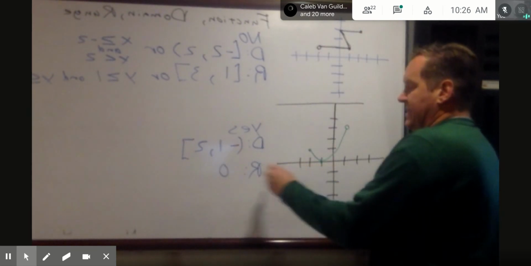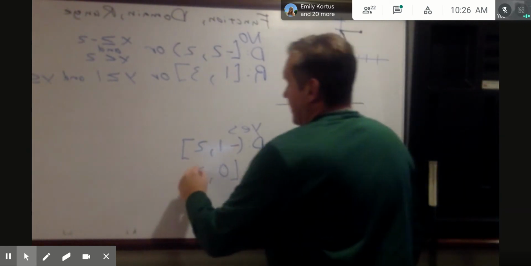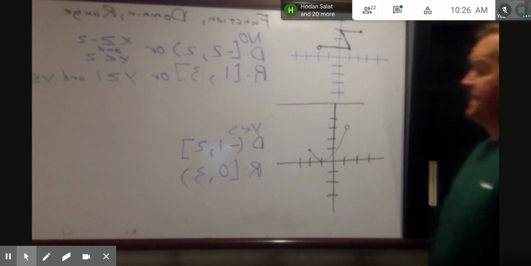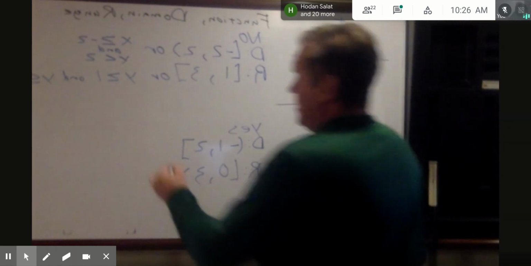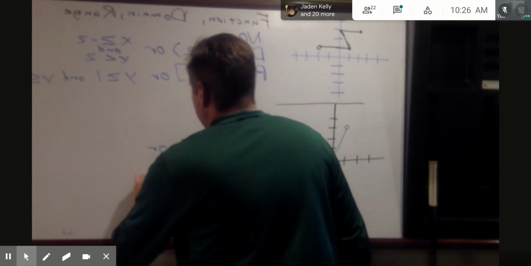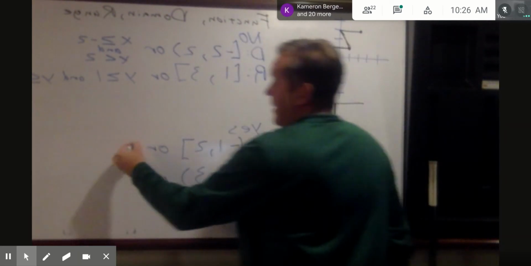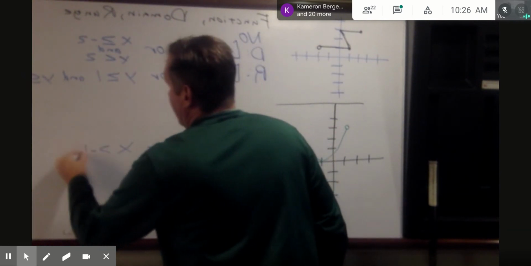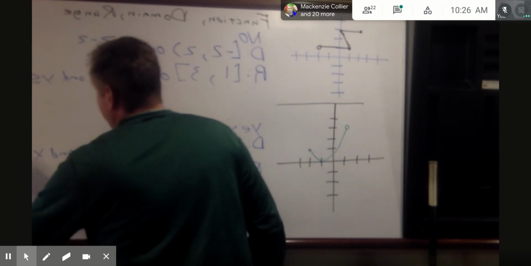it's a closed circle at 0. Open circle as high as 3. We'll use parentheses. All right. Now we'll do our inequality versions. X must be greater than -1, and X must be less than or equal to 2.